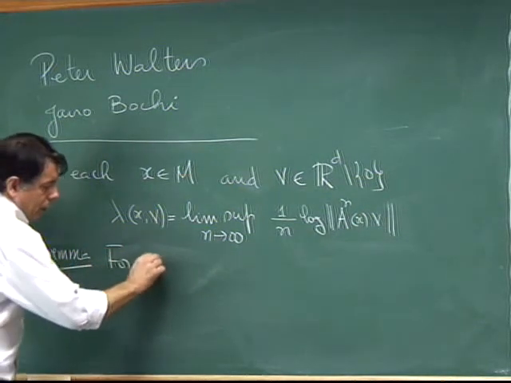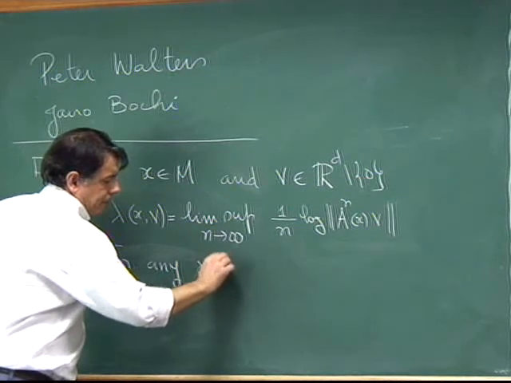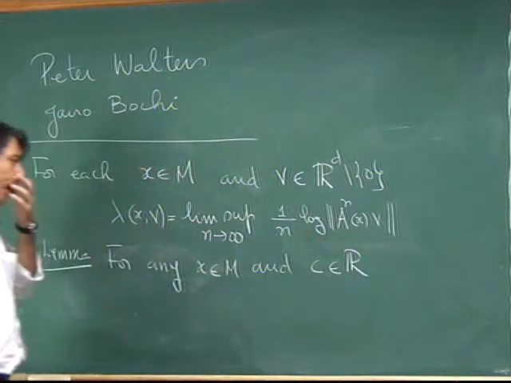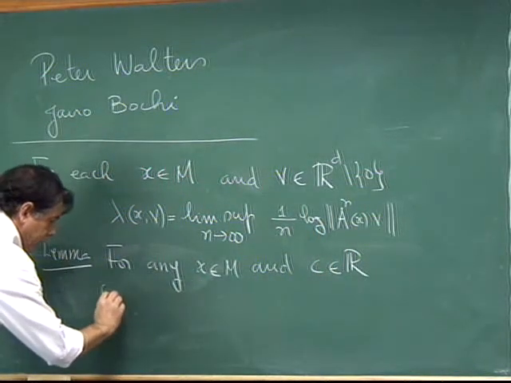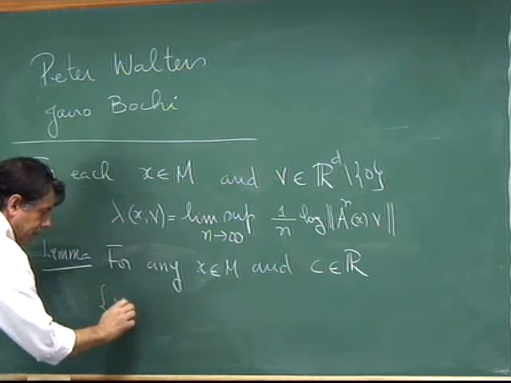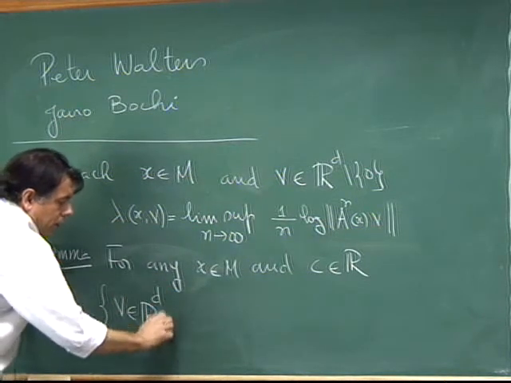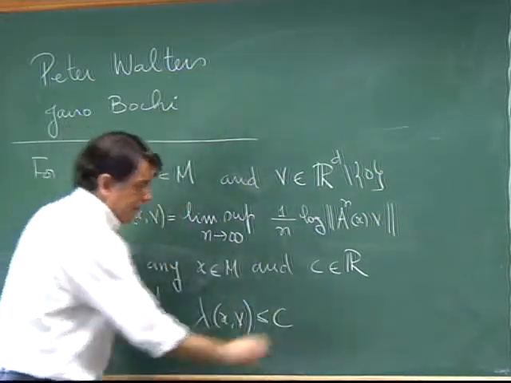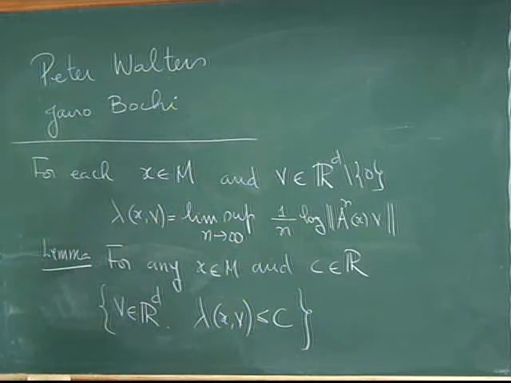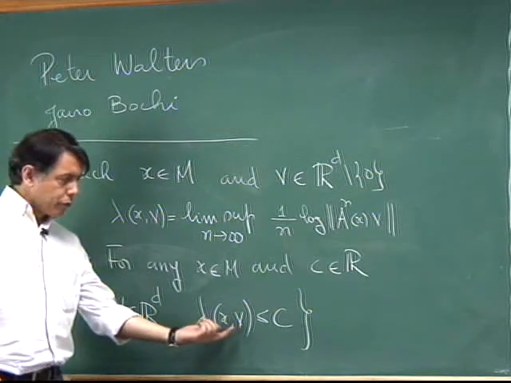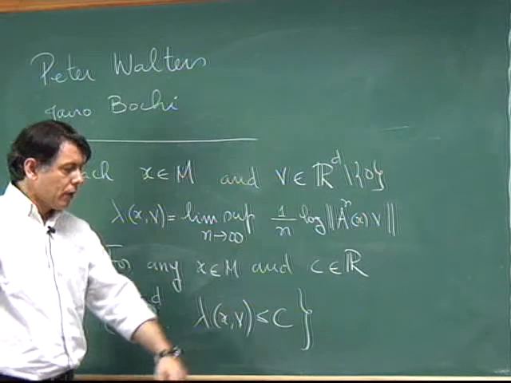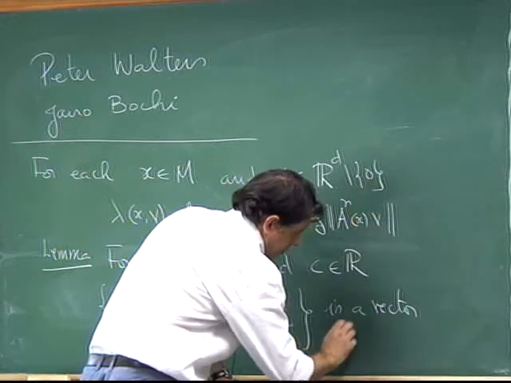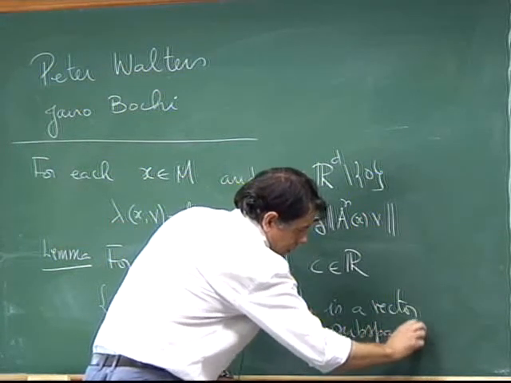For any x and any real number c, the set of vectors v such that lambda x v is less or equal than c, the set of points where the growth rate is bounded by c, is a vector subspace of R^d.